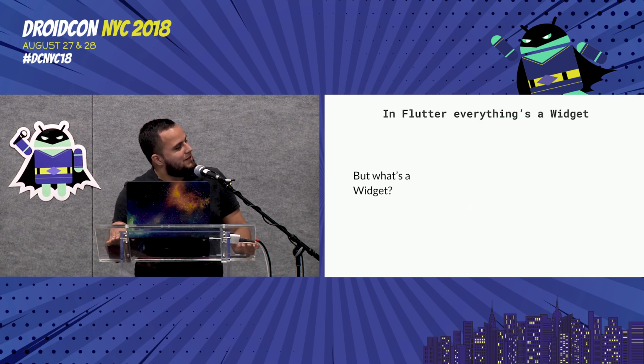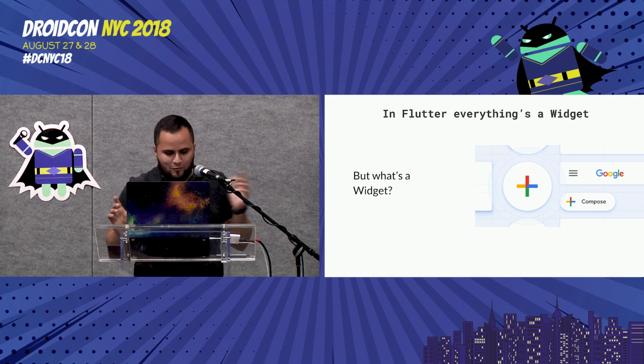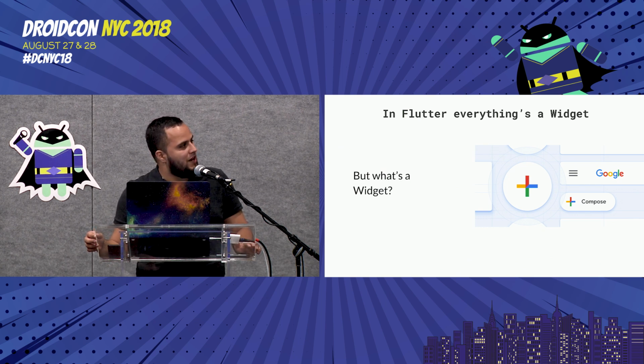So what is it that I love the most about Flutter? And it's what we have been saying all day about Flutter. In Flutter, everything is a widget. But what is a widget? If you have been updating your apps, any Google apps, you start to notice that they just switch to a wider version of all their apps.